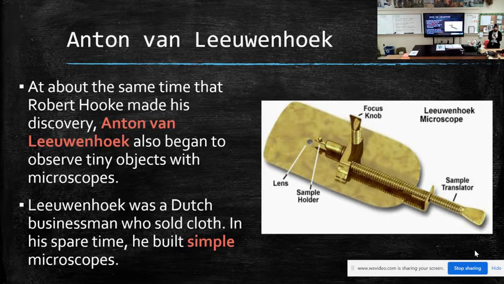It's obviously a little bit different, but it has that flat piece, and then there's a more focused lens that is like a magnifying glass almost, and it helps magnify that object. So he just built a simple microscope. It only had that one lens, whereas Hooke's microscope was a compound microscope that had multiple lenses.